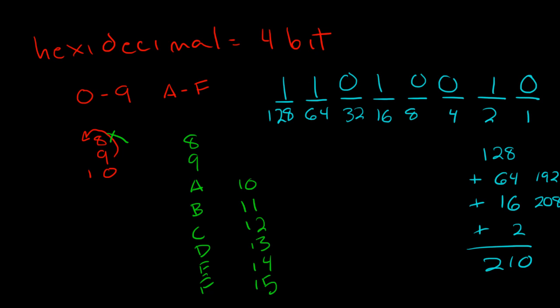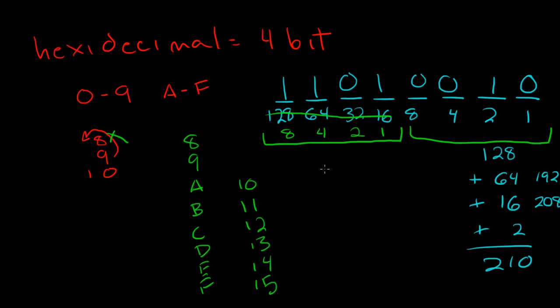Now, the convenient thing about hexadecimal is instead of having to add up a potentially large string of numbers, we can just break it down into these 4-bit chunks. And so we'll separate this from this, and so these will keep their values, but now we'll redefine these also as 8, 4, 2, and 1.